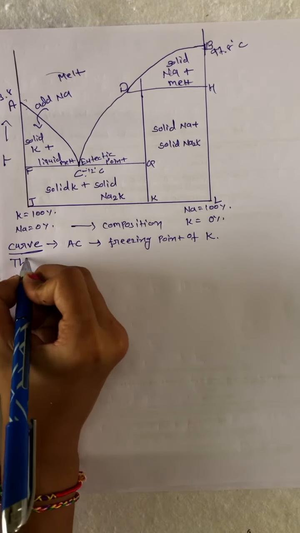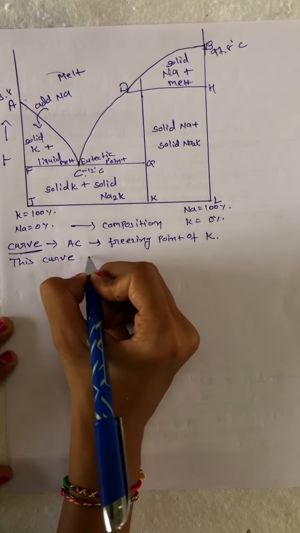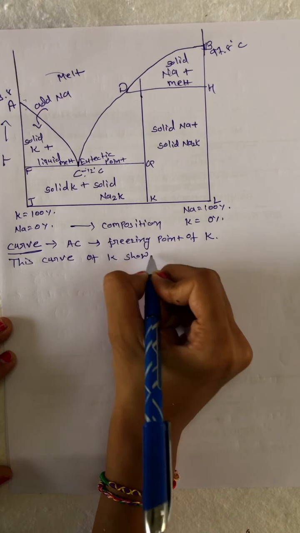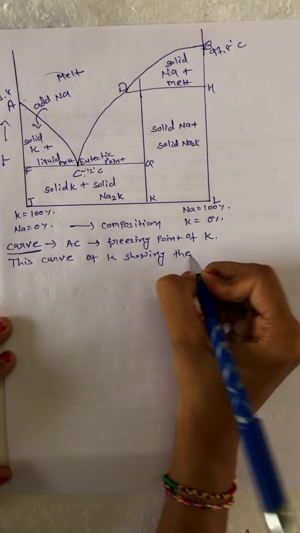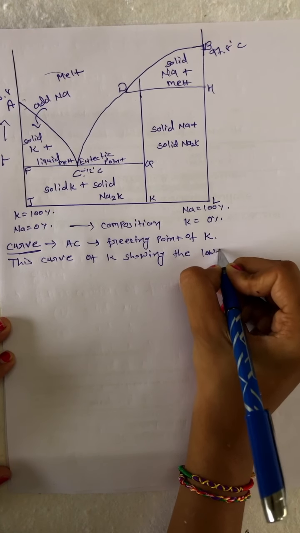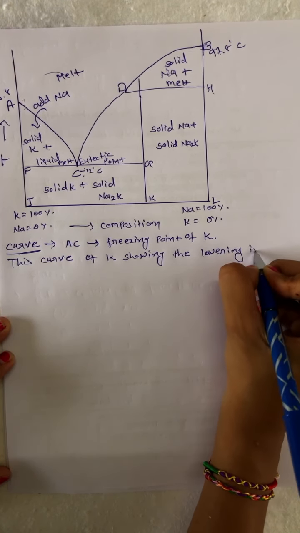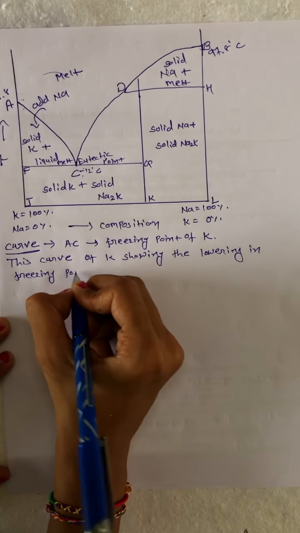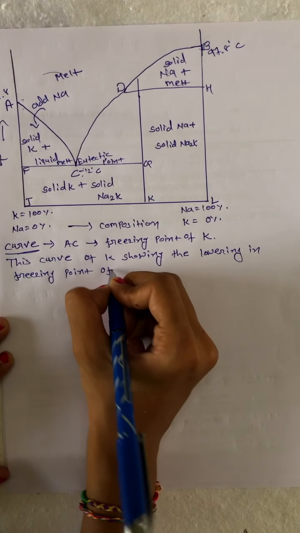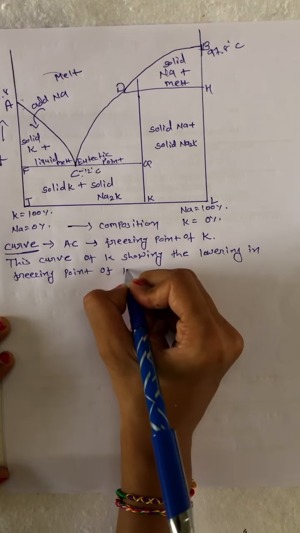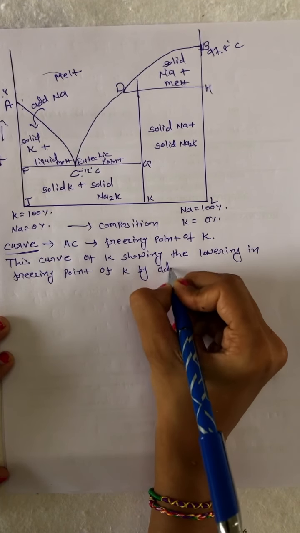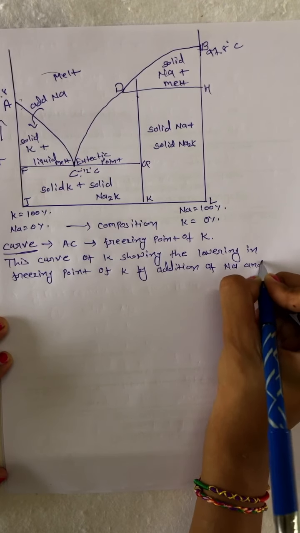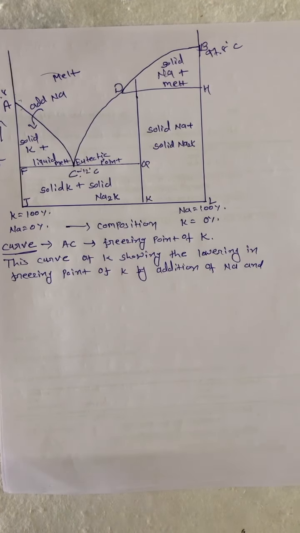So this curve of K shows the lowering in freezing point of K by addition of Na and continues till the point C is reached.